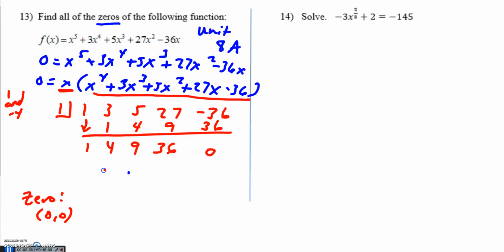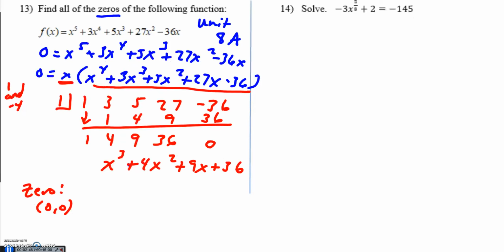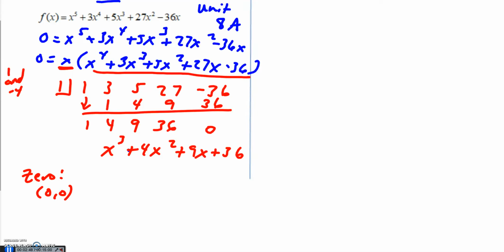So now my function is reduced to x to the 3rd plus 4x squared plus 9x plus 36. And at this point, you can continue the problem in one of two ways. You could notice that from the graph, your other possible root was at -4.